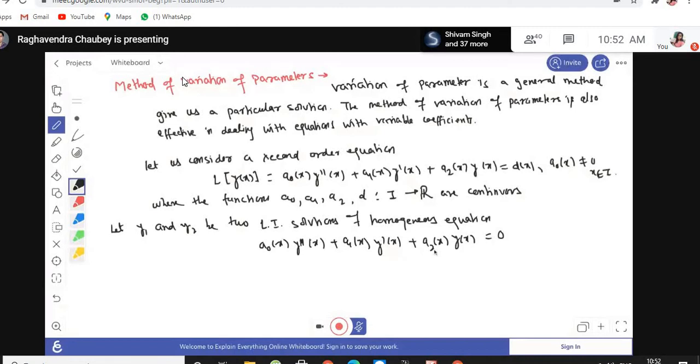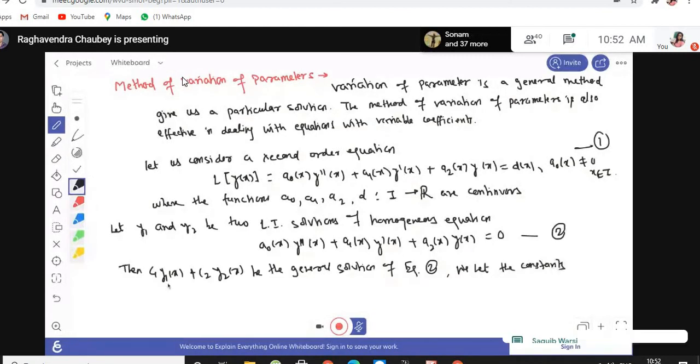If we let the constants C1 and C2, these two constants are basically parameters.